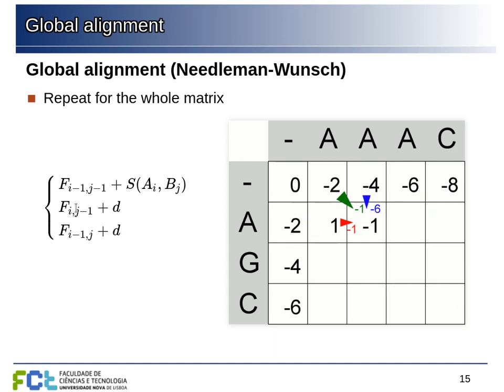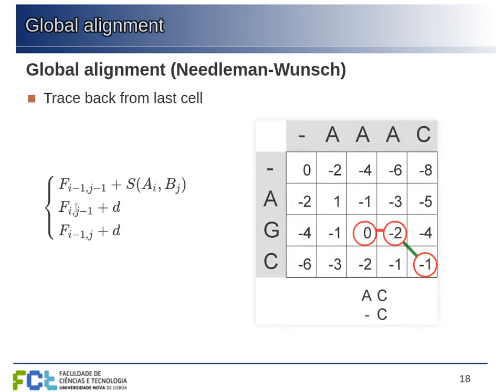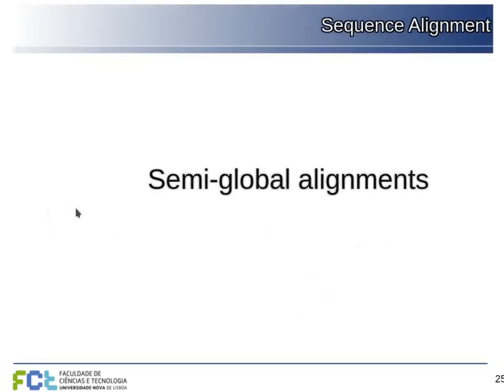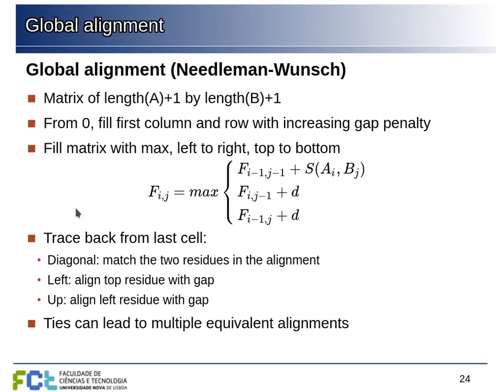So those are the ones that we already solved, and we have the best score for those subproblems. So we fill in the matrix in this way, and now we trace back from the last cell. The last cell gives us the score for the global alignment between the two sequences, and we trace back by checking which steps we did.